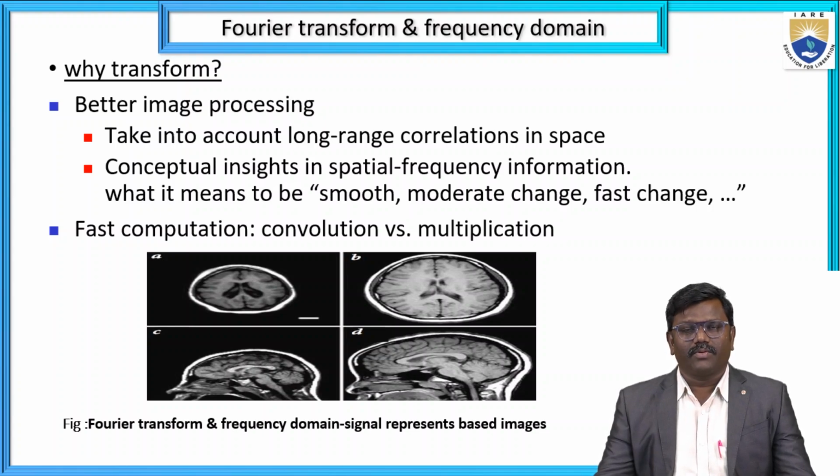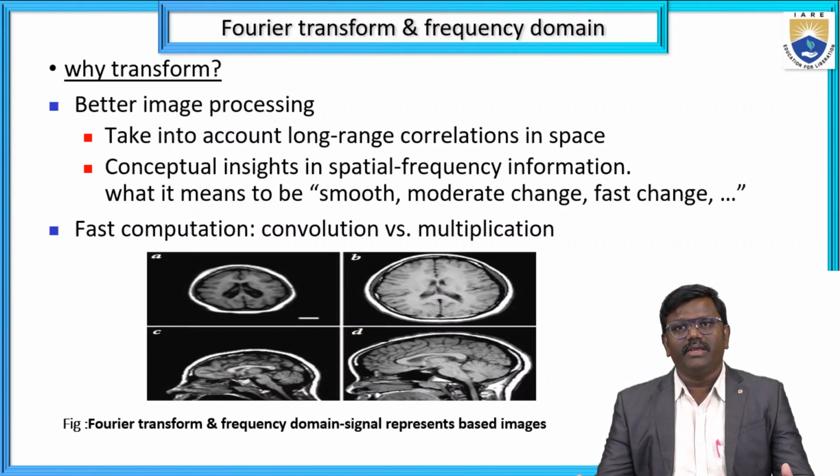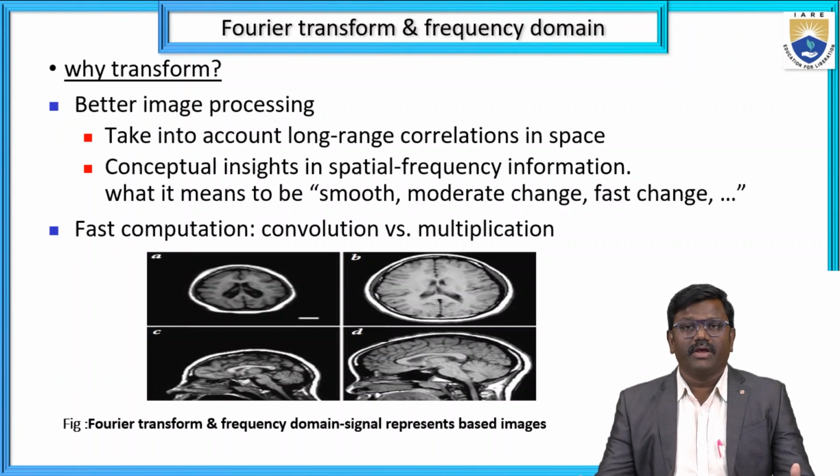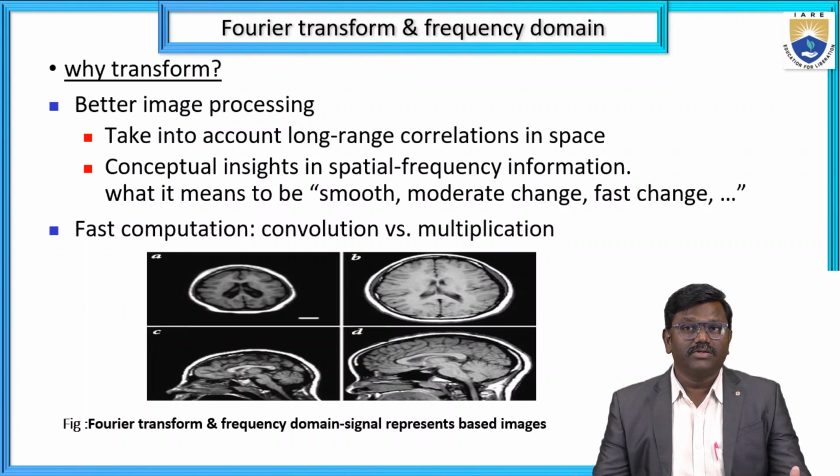Better image processing takes into account long range correlation in space, and conceptual insights in spatial frequency information, that is, smooth, moderate change, and fast change. We also concentrate on fast computation, and on the difference between convolution versus multiplication in image processing.